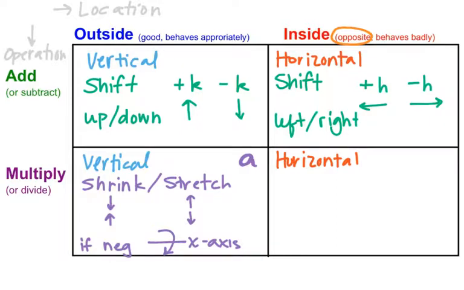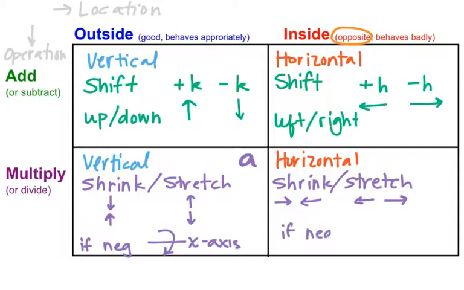And then a horizontal shrink or stretch would mean we would be compressing horizontally or stretching out horizontally. And of course, if this is negative, we're going to have a horizontal reflection, so that would be across the y-axis.